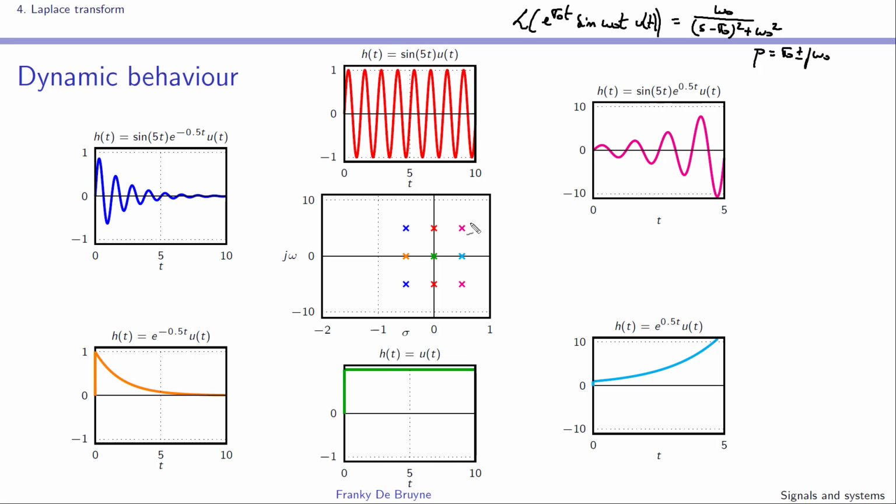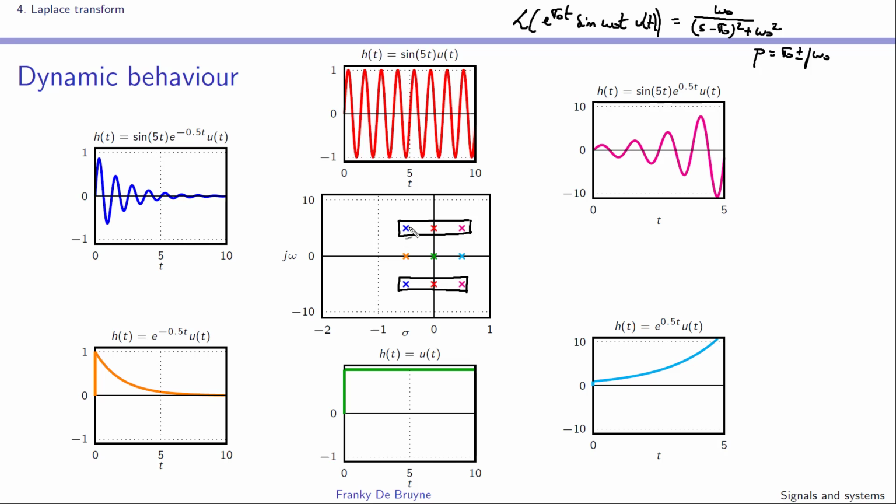So here we have the three situations, right? Now we have a pair of complex conjugate poles, and this is why this is mirrored on the other side, right? And we have the situation here where sigma 0 is negative, which corresponds to this impulse response, where sigma 0 is positive, which corresponds to this impulse response, and then a pair of complex conjugate poles where sigma 0 is 0, right?